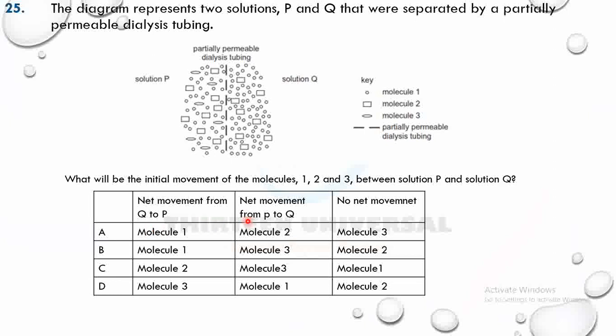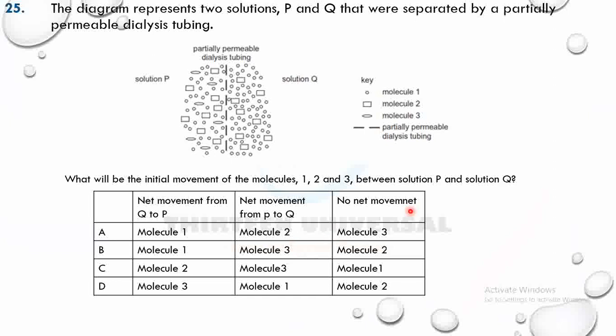From P to Q means the one that is more in P compared to Q. Which molecules are more in P? Can you see this molecule here? That's molecule 3. There are about 1, 2, 3, 4, 5, 6 here and none there, so it's going to move from P, the high concentration. So B is likely the answer.